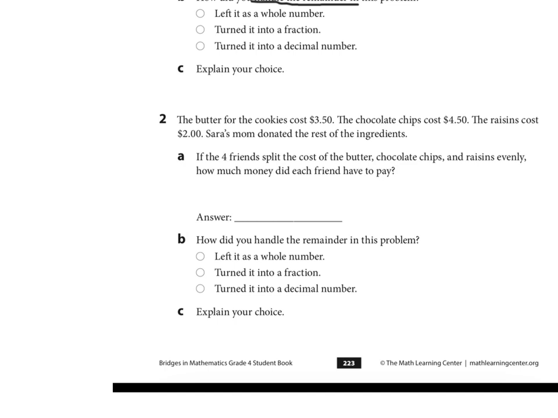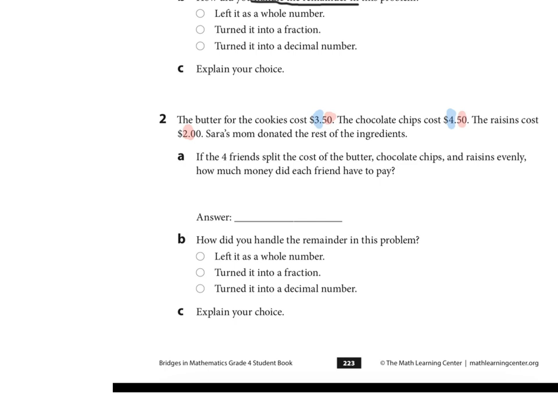Hopefully we're getting to the point where we can do some of this in our head. If you have $3 and $4, that's $7. Then 50 cents and 50 cents is another dollar, so now that's $8. And then 2 more dollars, it's going to be $10 is the total.